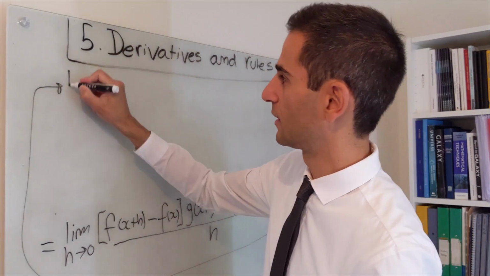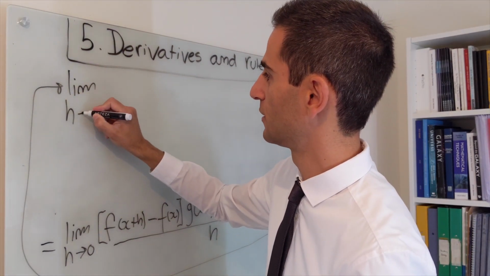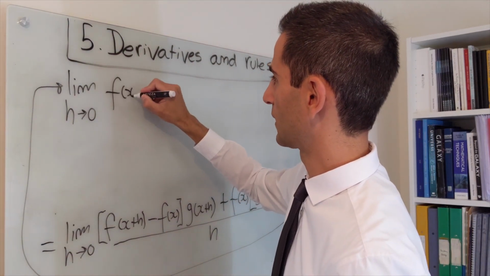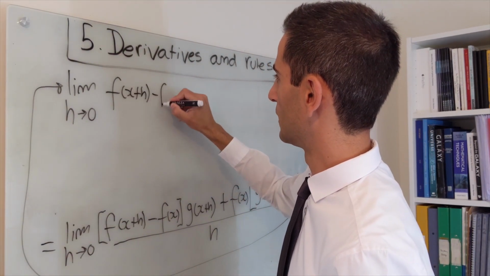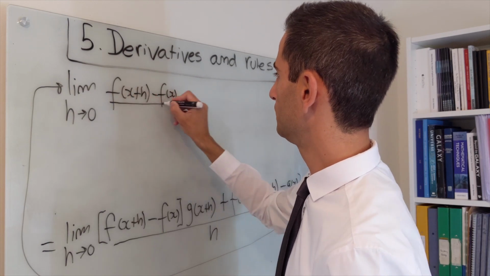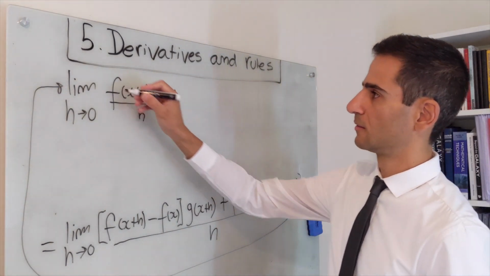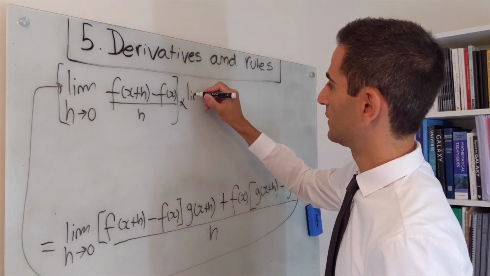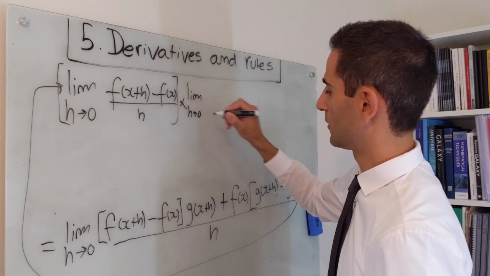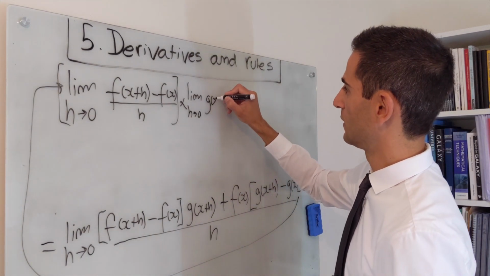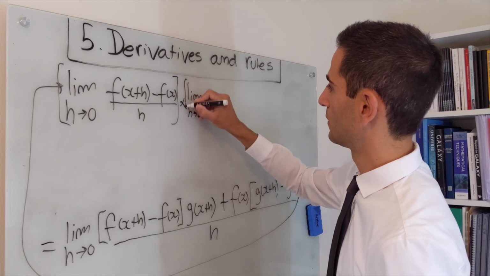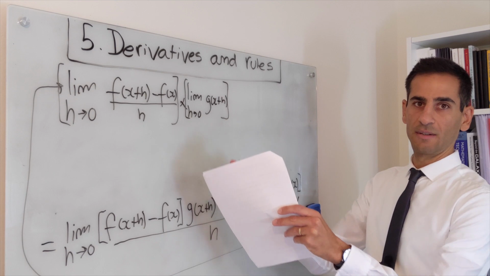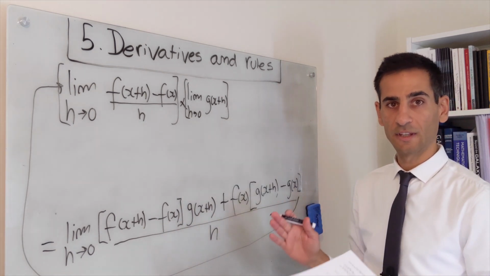We'll start by writing the limit when h goes to 0 of f of x plus h minus f of x, times the limit when h goes to 0 of g of x plus h. We've just split this. This is all fine because we're using the properties of limits.